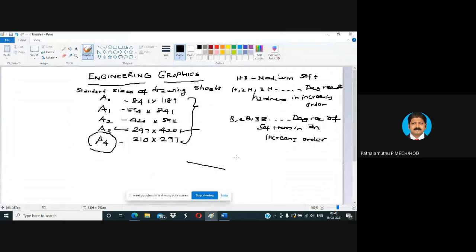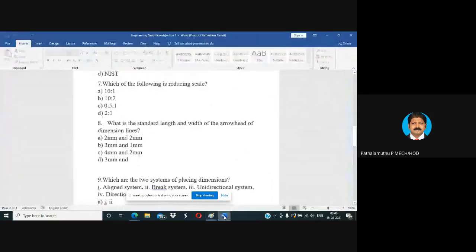The base is 1 unit and the length is 3 units. So as per the question, length 3, width 1. So for the 8th question, option B is correct, 3 and 1 mm.